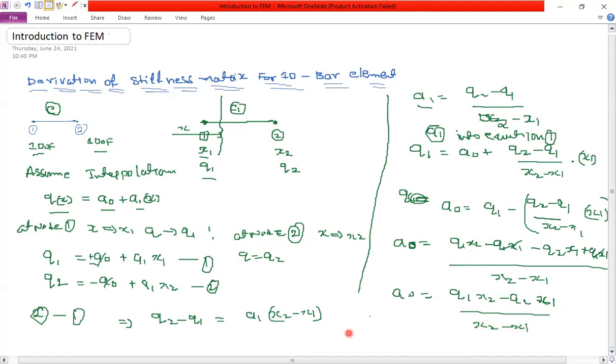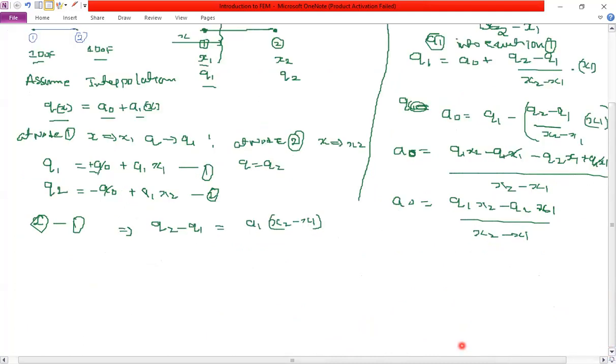So these are the two constant values that we are going to get from the above cases. Now let us substitute these a naught and a1 values into the assumed interpolation function.